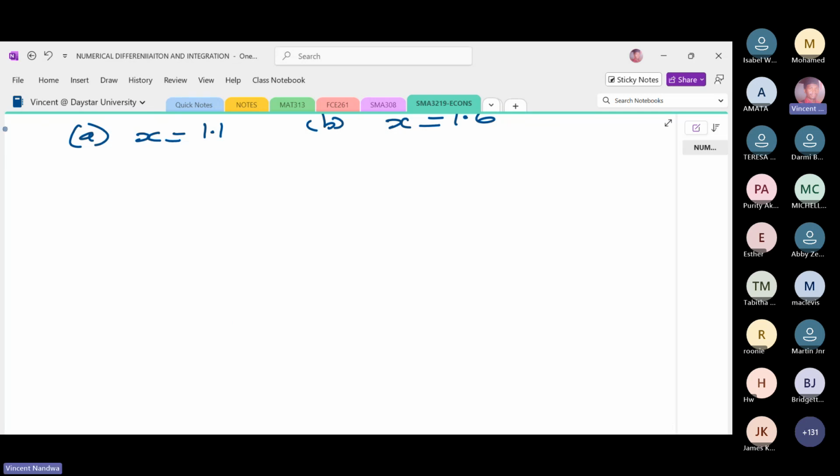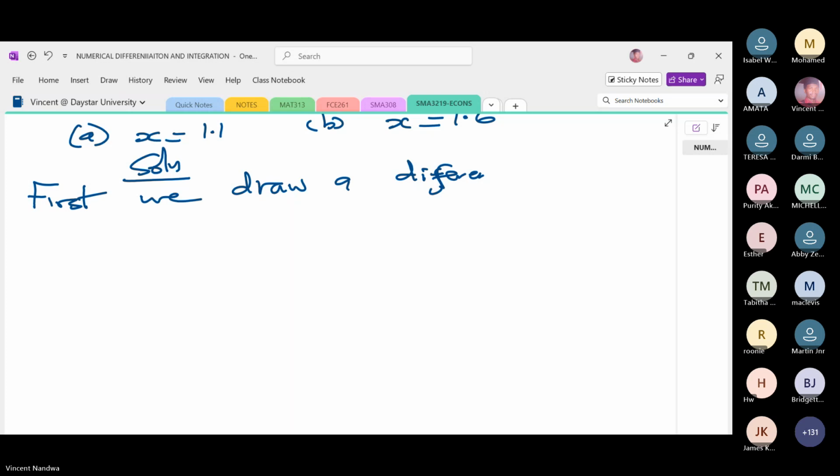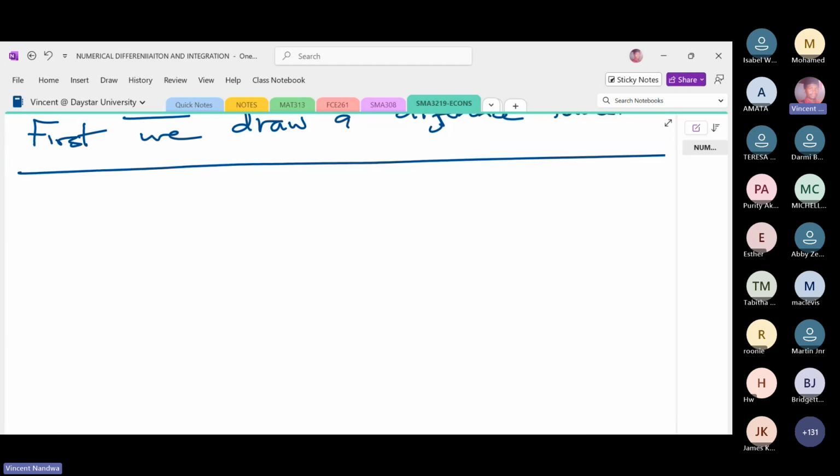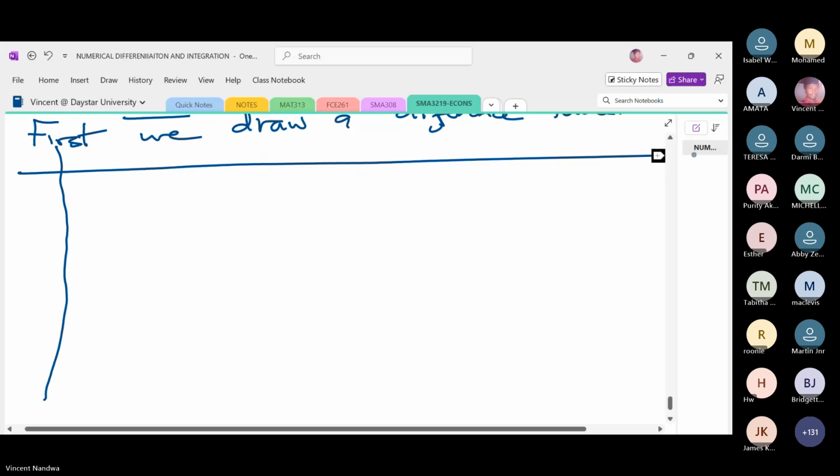So solution, first, we draw a difference table. The difference table will have a column for x and a column for y. So this is x, then y.